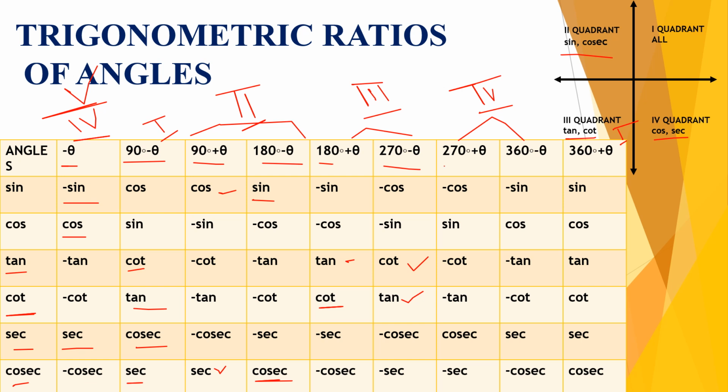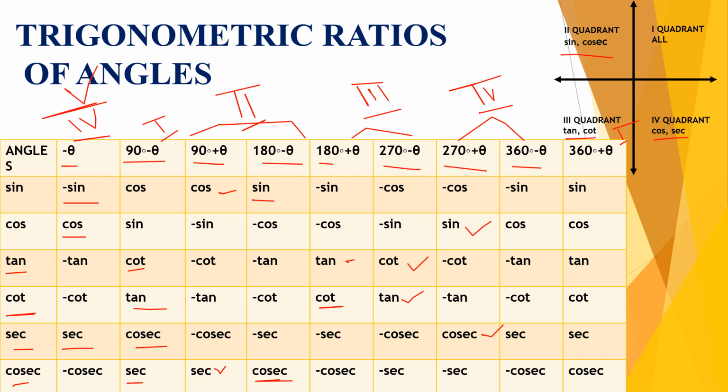Then 270 degree plus theta is in the fourth quadrant. For 270 degree, the trigonometric ratios will get interchanged. After interchanging, cos is interchanged to sine, secant is interchanged to cosecant. Only these two will be positive. The remaining values will be negative. For 360 degree minus theta, it is in the fourth quadrant.